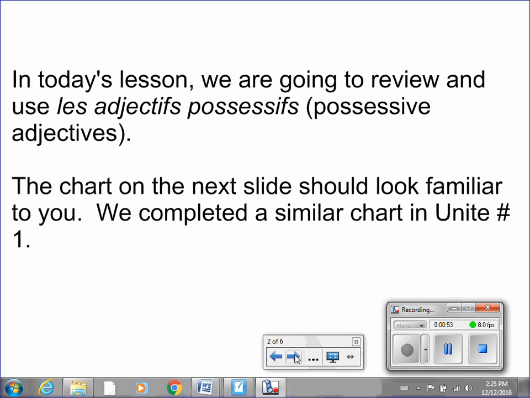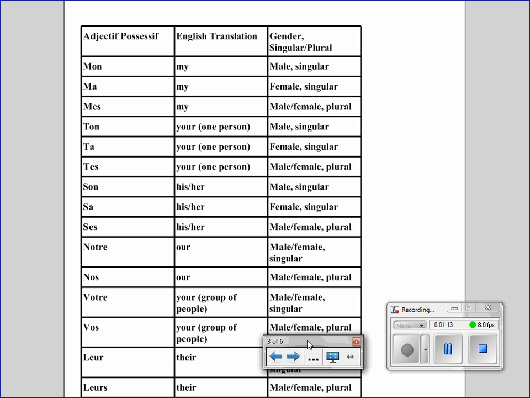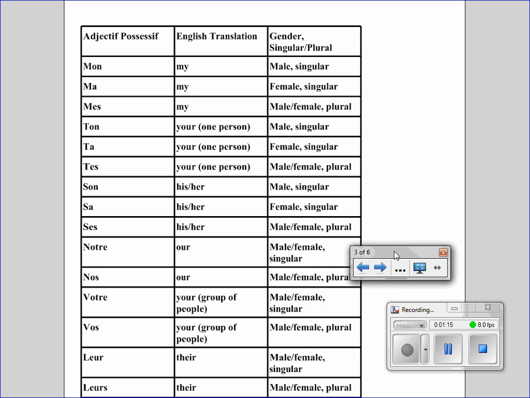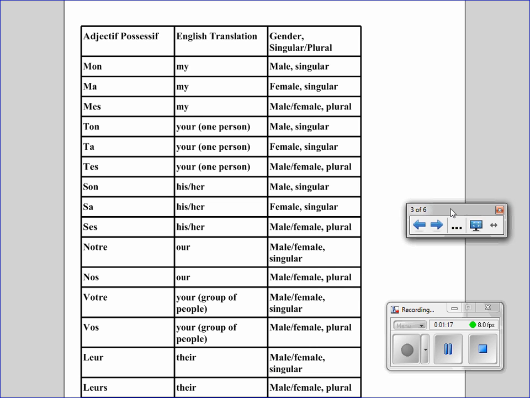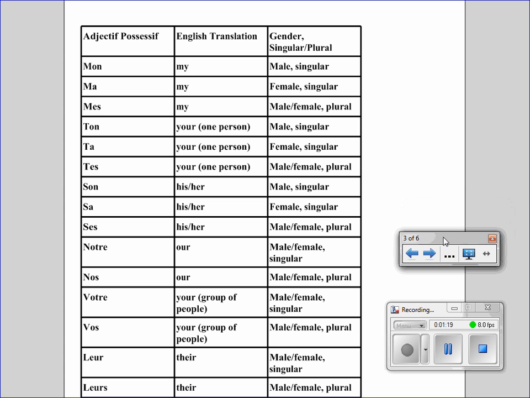In today's lesson, we are going to review and use les adjectifs possessifs, possessive adjectives. Now, the chart on the next slide should look familiar to you, as we completed a similar chart in Unité 1. And here it is. Now, a couple of things before we move on to the next couple of slides.